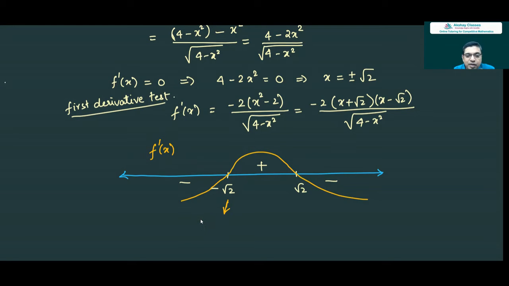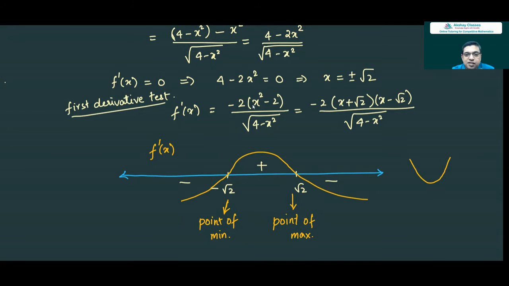It is the point of minimum because f dash x is changing sign from negative to positive. The slope is negative to positive. So this is the point of minimum. And this is the point of maximum because f dash is changing its sign from positive to negative.